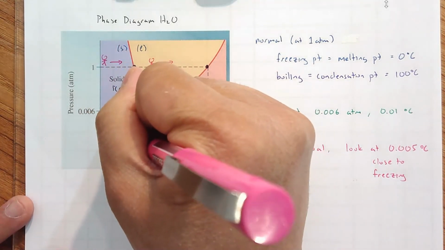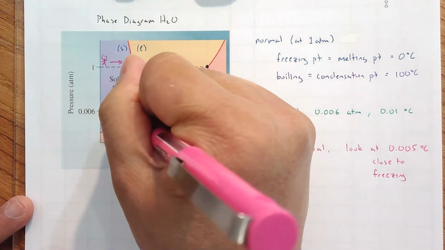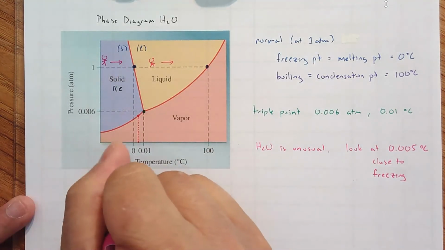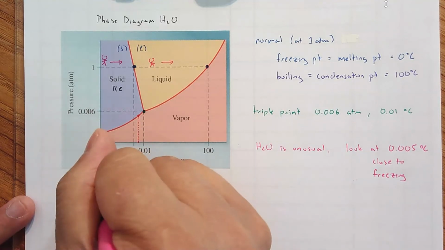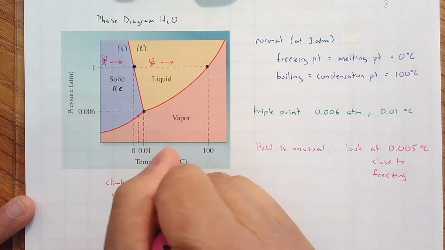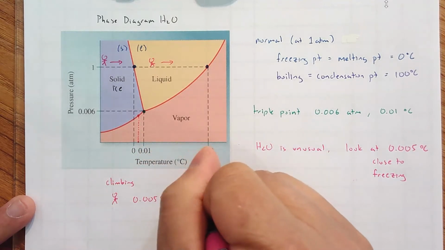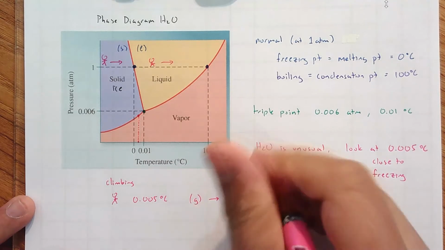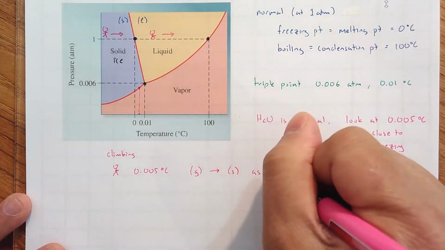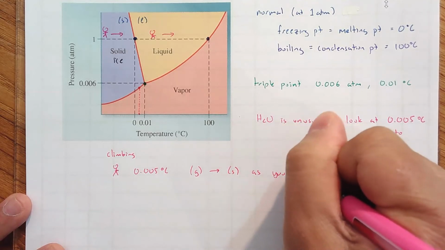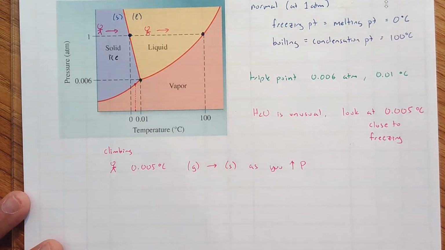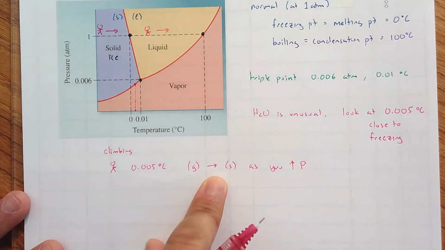If we start at very low pressure and we go up, we're climbing up the 0.005 degrees Celsius line. We're going to go from gas to solid as you raise the pressure. That makes sense. You're basically solidifying the gas by pressurizing it.